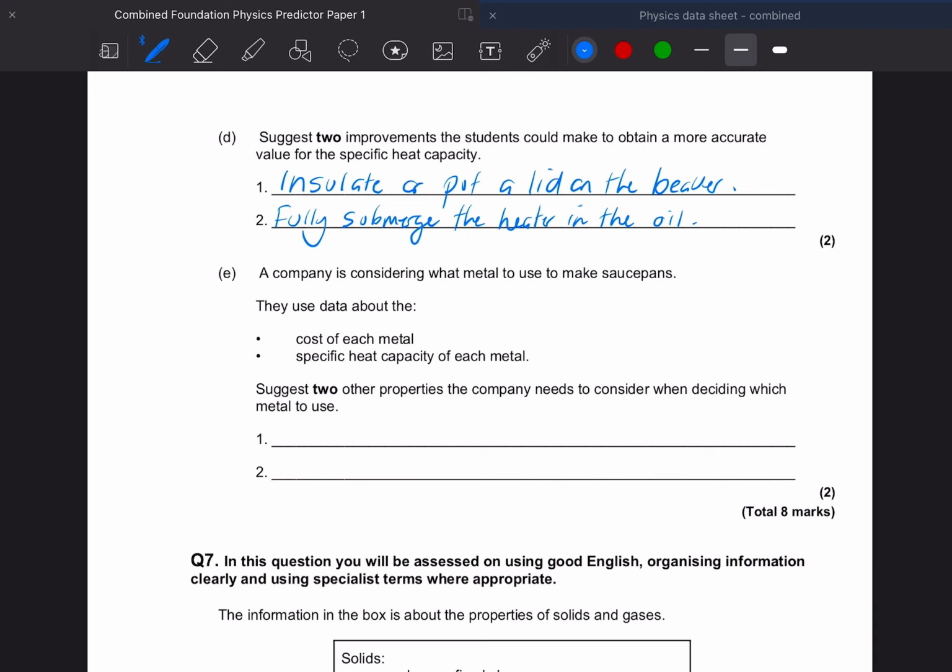We do a practical in the lab where we do this specific heat capacity and we use blocks of metal, and often the heater sticks out at the top of the metal, and again it isn't fully submerged, it's the same answer there. So if you had your block of metal here and your heater was placed in it like that, again the heat here is going out into the surroundings, not into the metal. So it's the same idea.